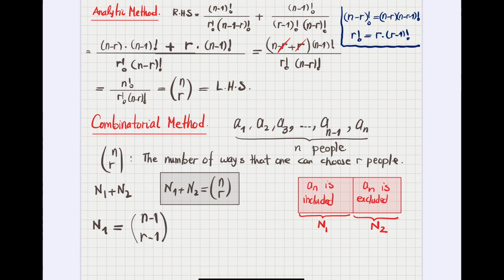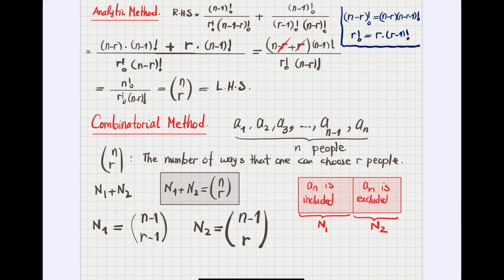Okay, and what is N2 this time? Can you tell me? a_n is excluded. So how many choices do I have to make again? Because a_n is excluded. We still get our number of choices, but we can choose from one fewer number of people. Exactly. Thank you.